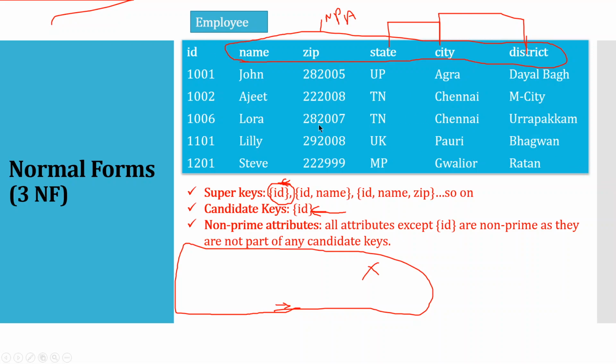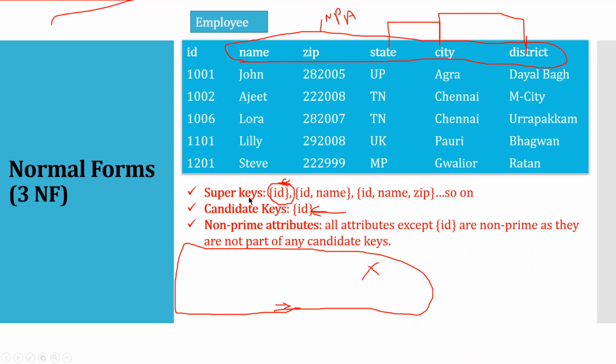But from this table, we can surely say that there is only one candidate key, that is ID, because ID is the only column that can determine all other columns of the table. So candidate key is something that can determine all other columns.